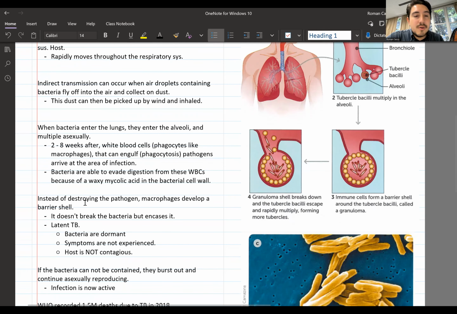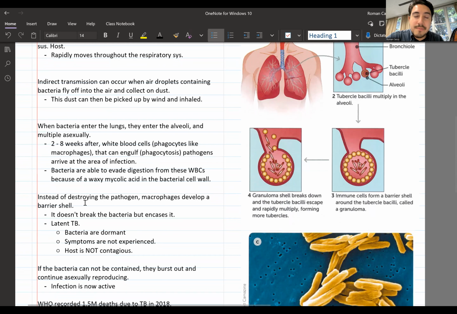And if you remember, one of the particulars about this bacteria is that they can actually evade these phagocytes from eating them up. Let me clarify, not just eating: they could engulf them, but they don't get destroyed within the phagocyte.